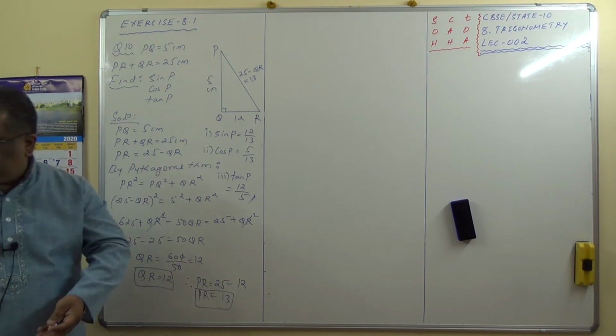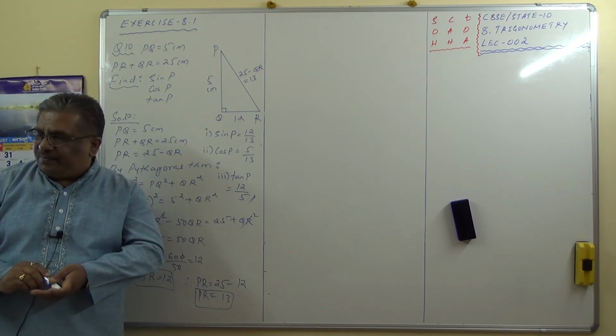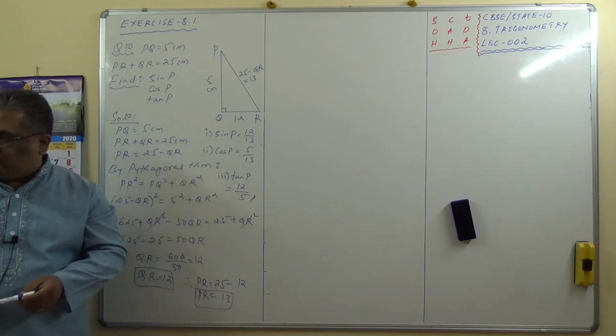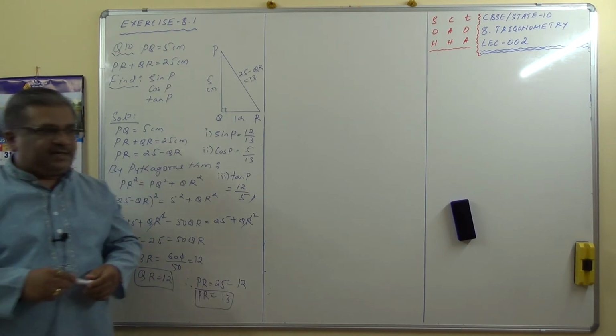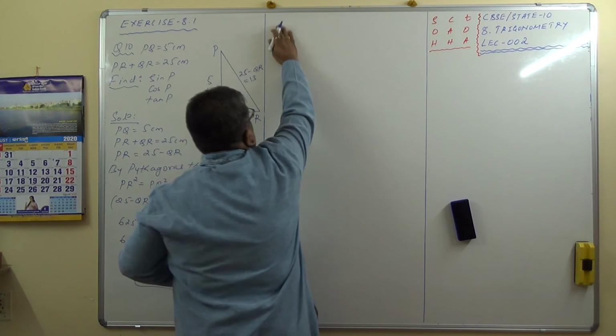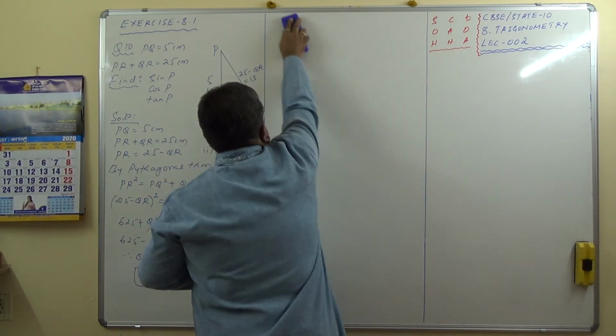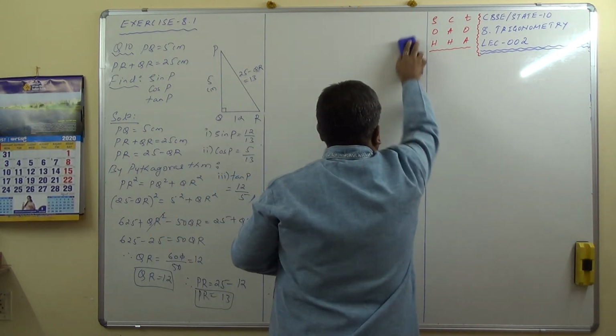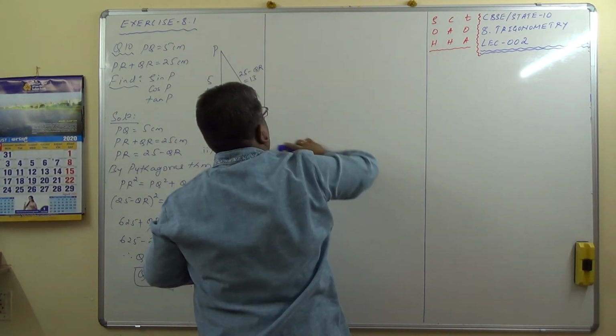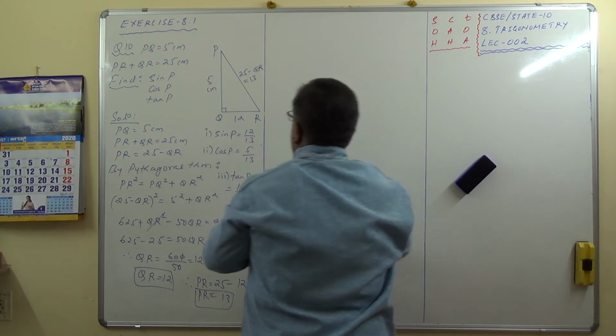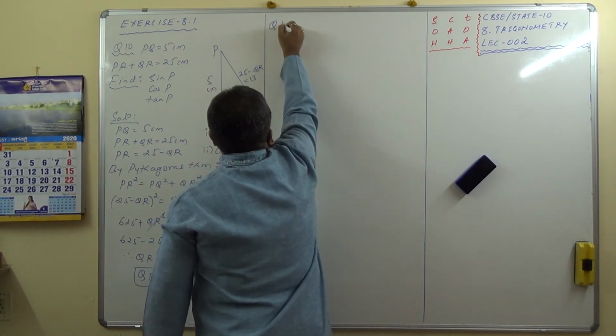Next is 11th question. State whether the following are true or false and justify your answer. 11th one we'll solve. This appears to be simple, but it is really difficult. And why is it so? Let us see to justify this, whether we can do it or not. Question number 11.